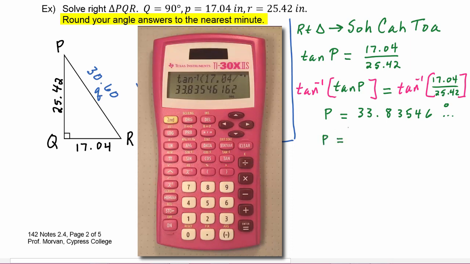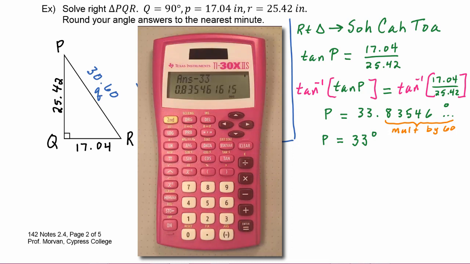Now we know that it's going to be 33 whole degrees, and then we're going to have to convert the decimal degrees into minutes, and we learned how to do that earlier. We know we're going to take that and multiply by 60. I think the easiest way to do that on your calculator is to just subtract out the 33 so that you're now just left with the decimal part.